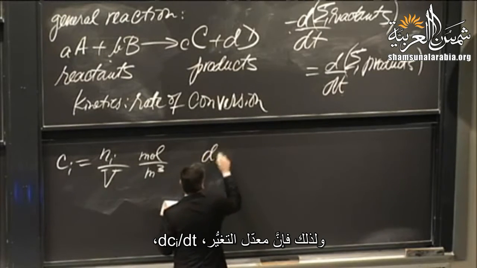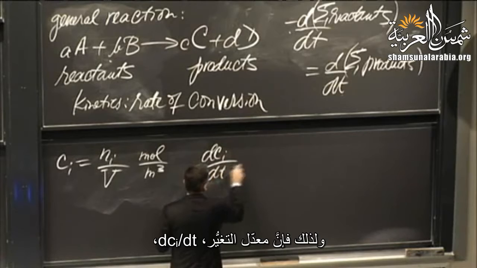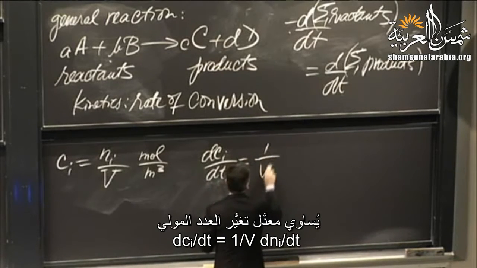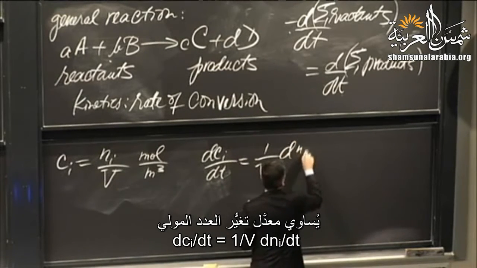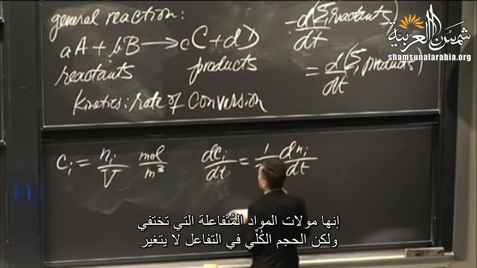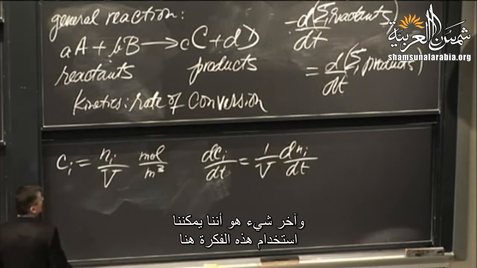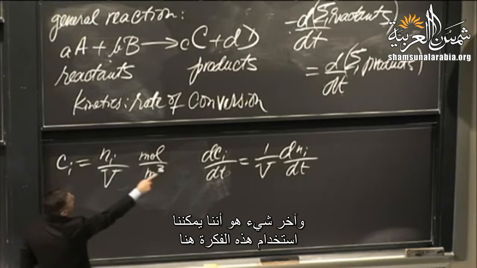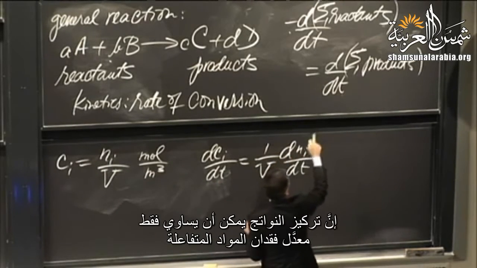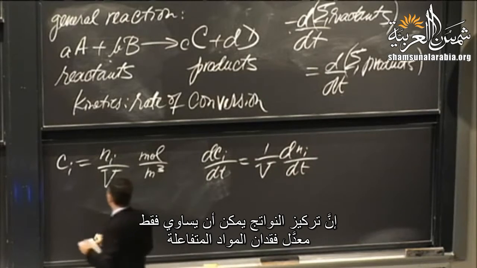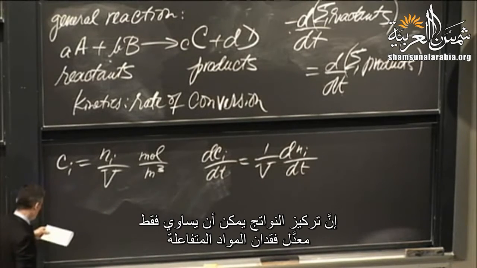So therefore, the rate of change, dCi/dt, is really the rate of change of mole number, isn't it? It's moles of i disappearing, but the volume doesn't change typically. And then the last thing is we can use this idea up here that the concentration of products can only equal the loss rate of the reactant.